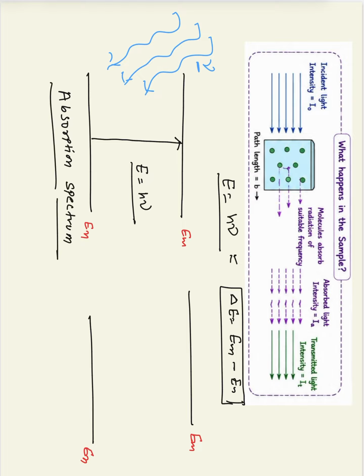And if the molecule falls from the excited state to the ground state, then there is emission of a photon of energy E equals h nu. The spectrum obtained is called an emission spectrum.